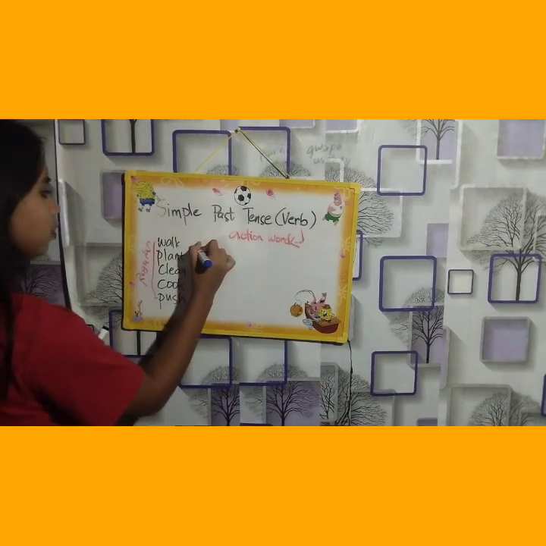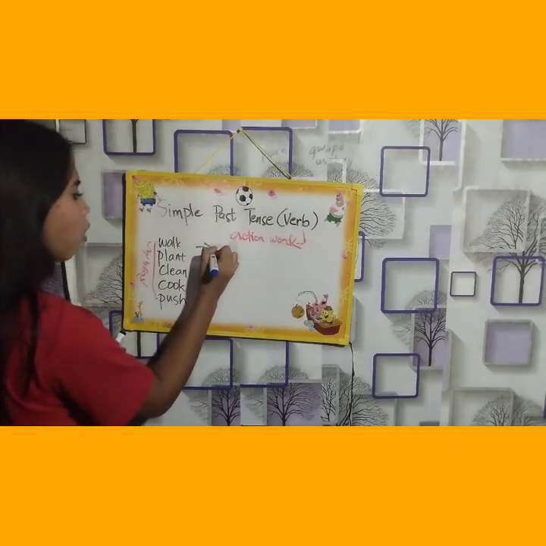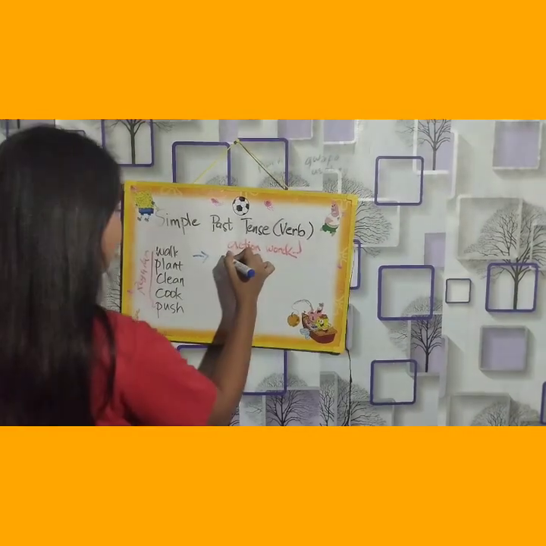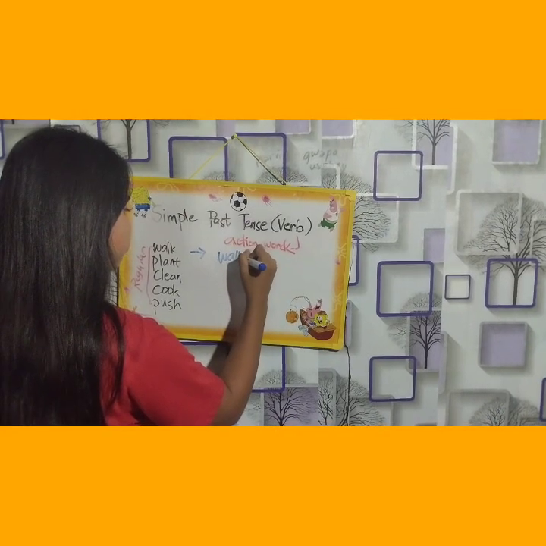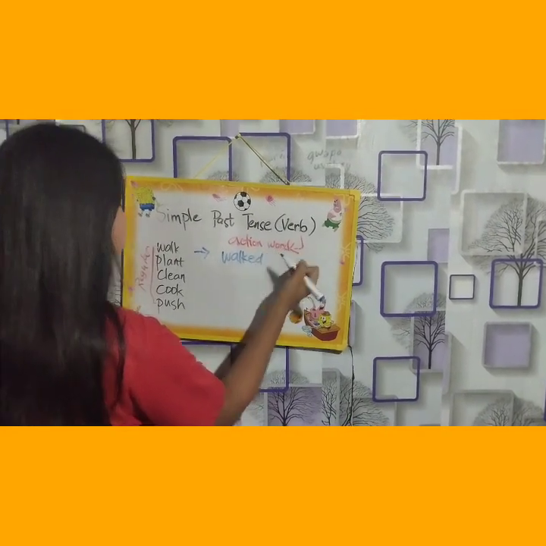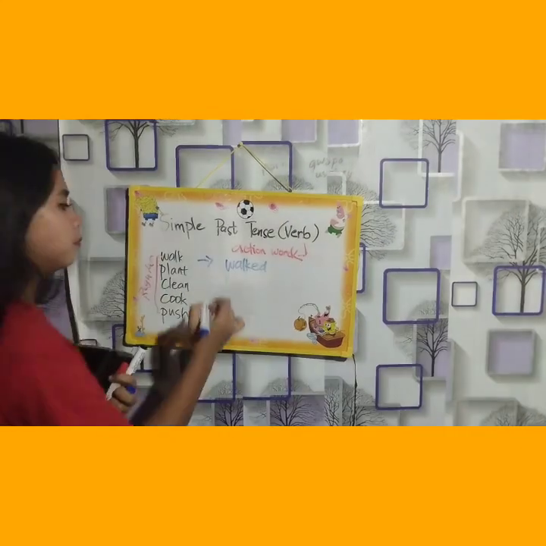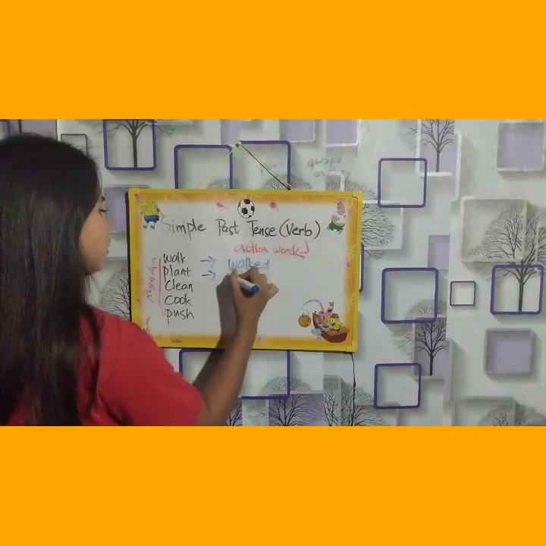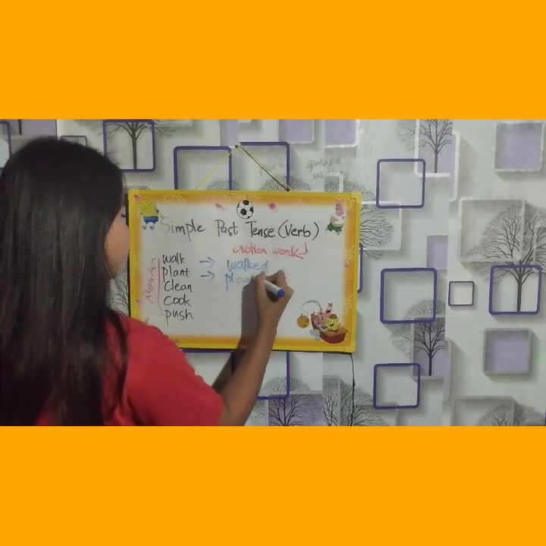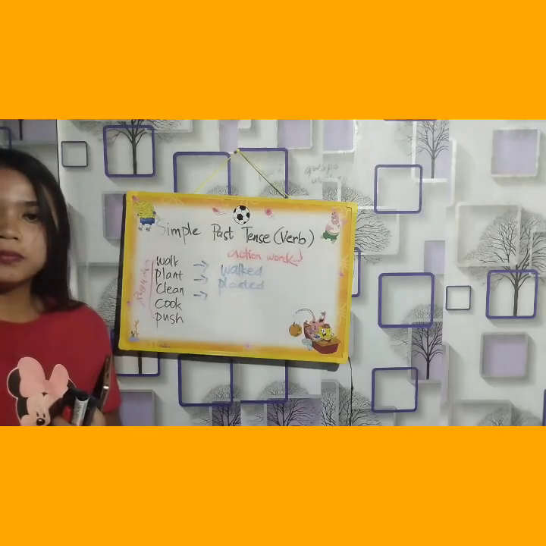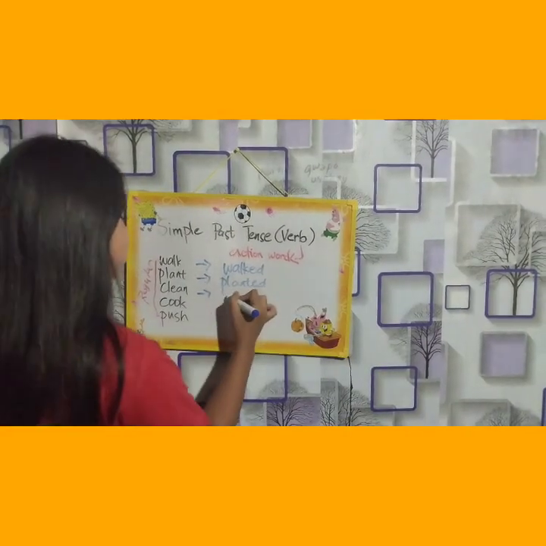So, the verb walk will become walked. The plant will become planted. Right? The next one will become cleaned.